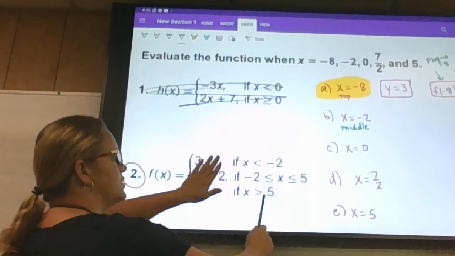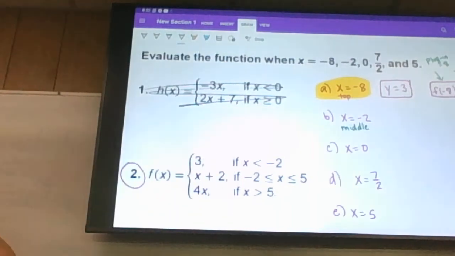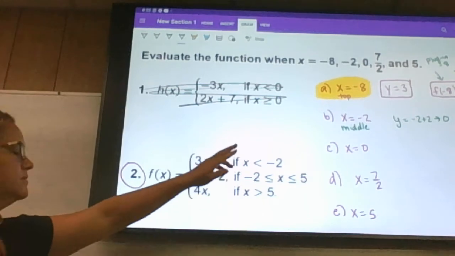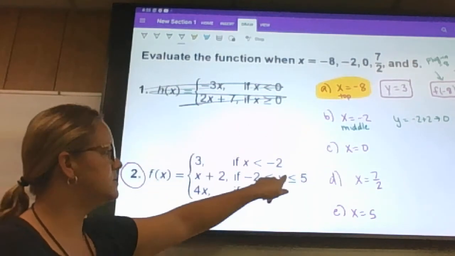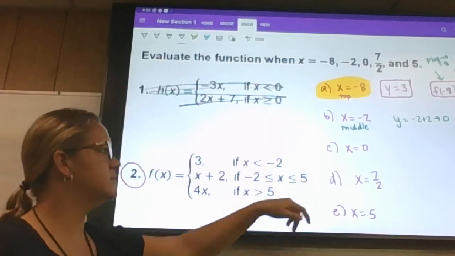It's the only one it's true for. All right, Joe, x equals 0, top, middle, or bottom? Middle, because 0 is between -2 and 5.